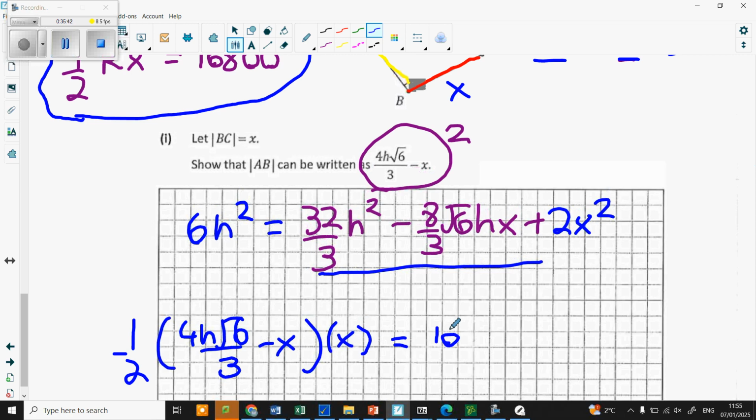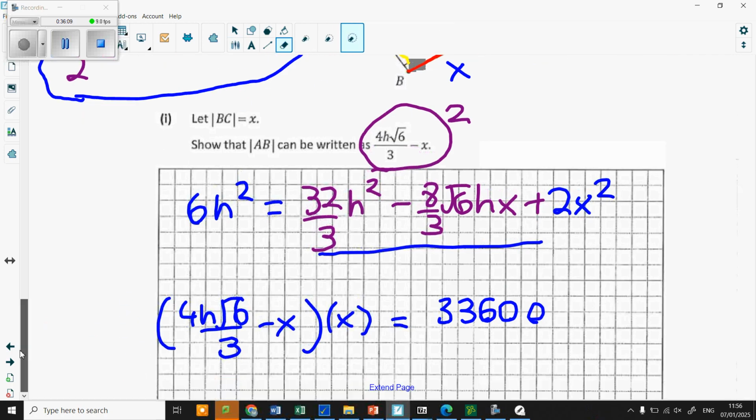See the finish line. Thank God, guys. We see the finish line on sight, I think. Near enough. If I multiply this out by x, what do I get? 4h root 6 over 3 x minus x squared is 33,600. All right with that? Okay.